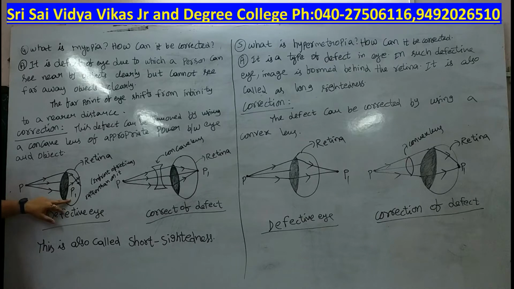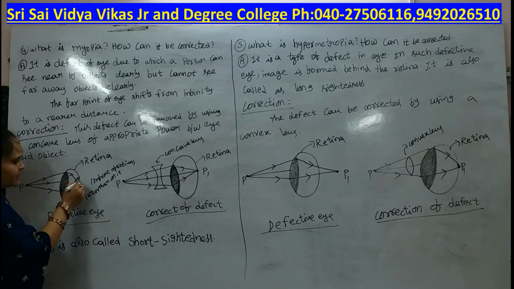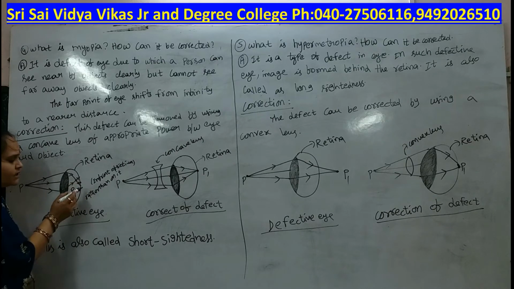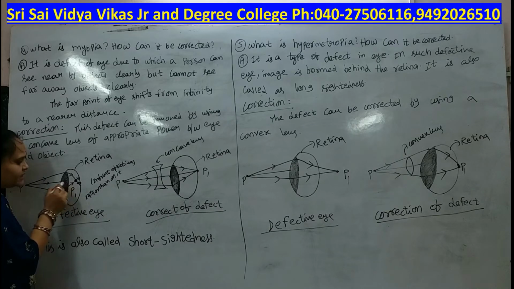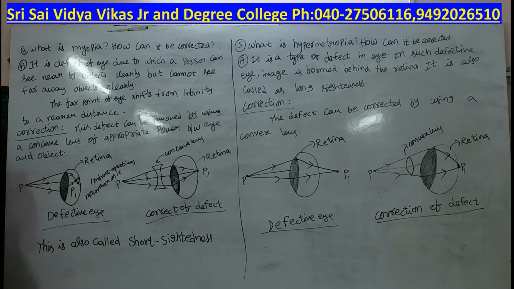The image formed is in front of the retina rather than on it. The image should be formed on the retina, but the image is formed here in front of the retina. So this defect is known as short-sightedness or myopia.